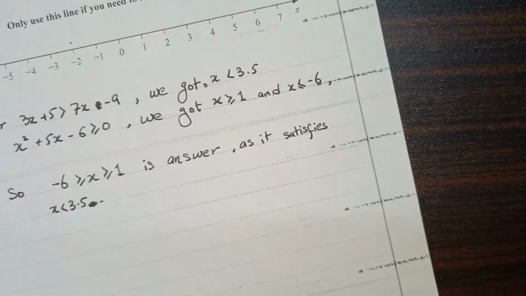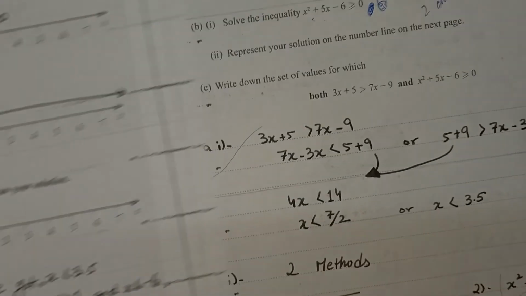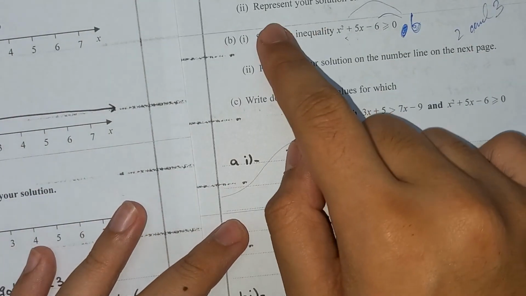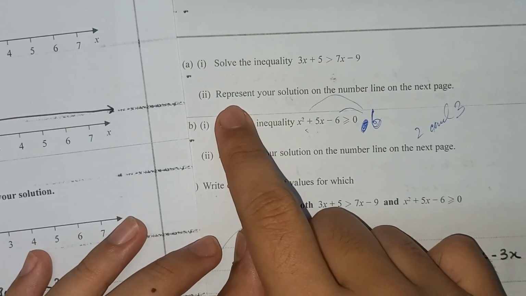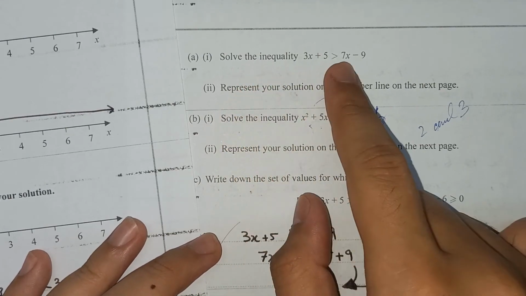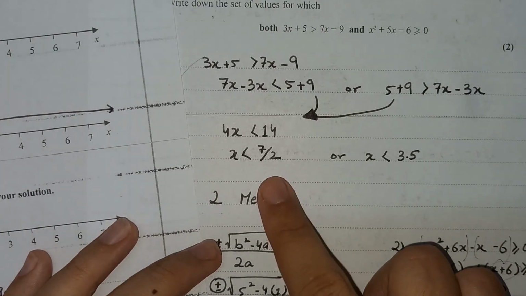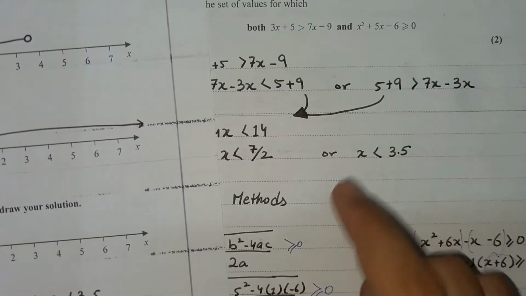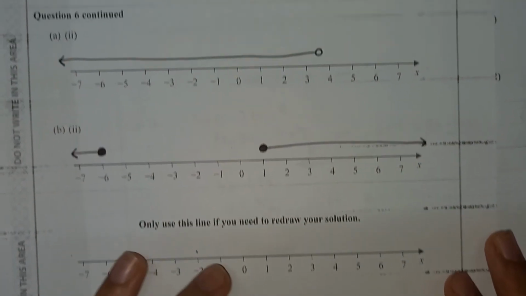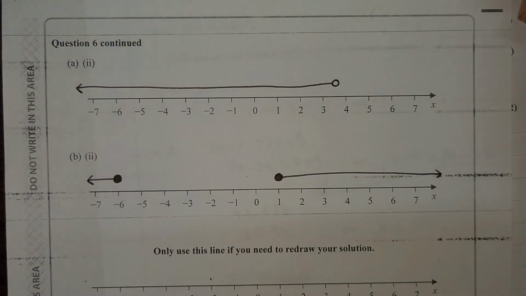And now for your part B. Now for your question 6, part A, part 2, you had to represent this solution on a number line. The answer we got was x less than 3.5. So over here it is not given as less than or equal to.